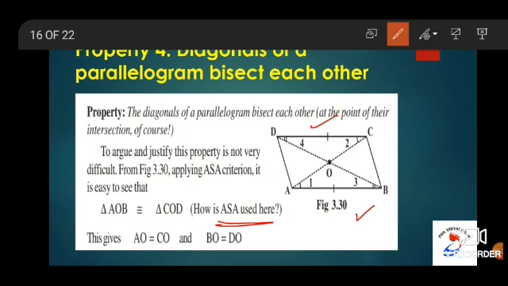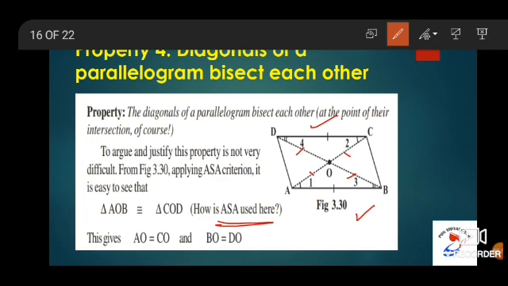In both the triangles you can apply ASA congruency, and if you prove the two triangles are congruent to one another, then by CPCT you can say the side AO is equal to the side CO, and similarly the side BO is equal to the side DO. So how are we applying ASA congruency here? See, in triangle AOB, look at angle 1 and angle 2.